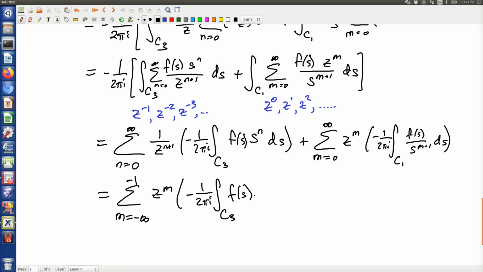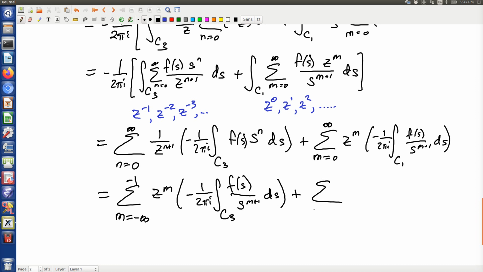So this is now, well, the first s, this would be s to the 0. So in fact, what I should do is run that guy up there over s to the m plus 1 ds. Now they're all compatible.